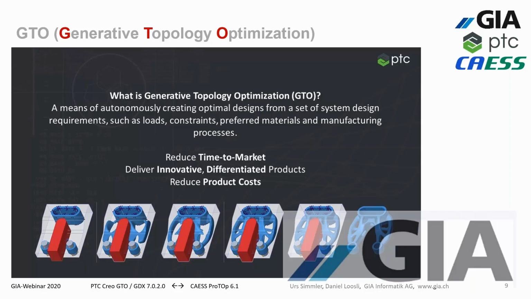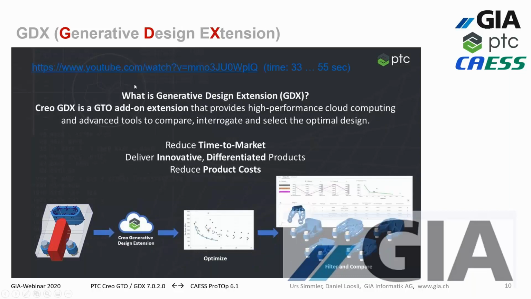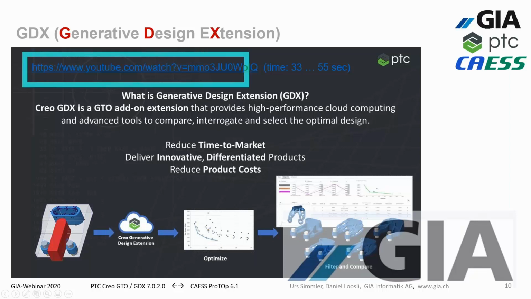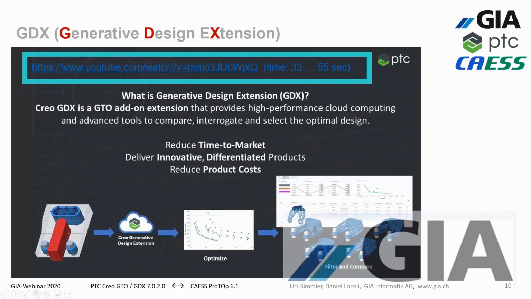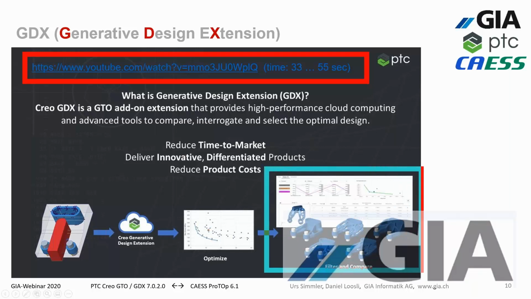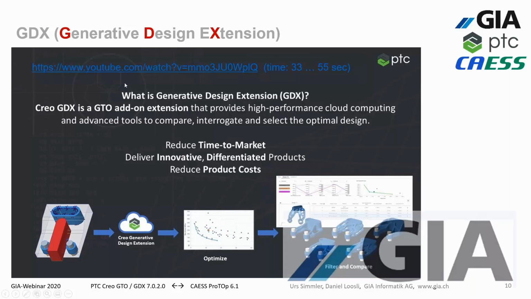And this GTO supports us within the Creo Parametric solution. On top of that, here is also a link where you can see later on a movie which is showing this GDX product. With the GDX we have a cloud solution.